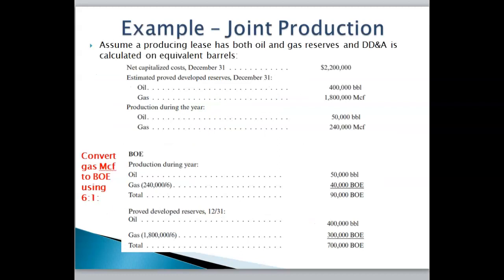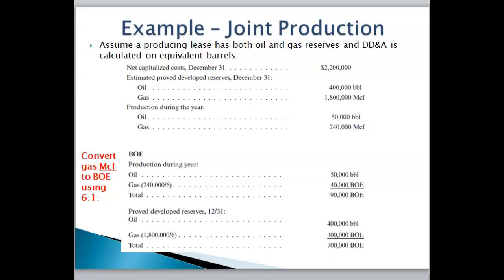So our example is on page 192. We're going to use a common unit of measure of barrels of oil equivalent for the oil. So assume a producing lease has both oil and gas reserves, and DD&A is calculated on equivalent barrels. So we have our net capitalized costs of $2,200,000.